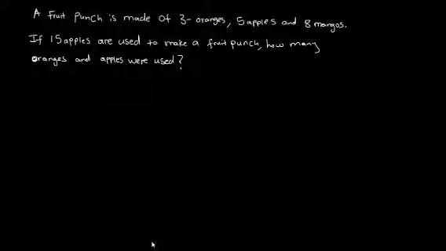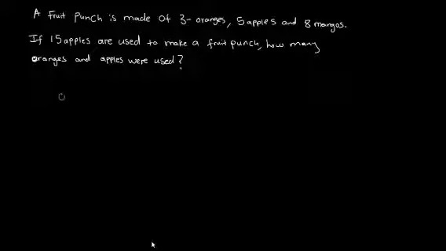What if you had 3 things involved? What will you do? Like in this case, a fruit punch is made of 3 oranges, 5 apples, and 8 mangoes. If 15 apples are used to make a fruit punch, how many oranges and mangoes were used? So you need to write your ratios nicely.